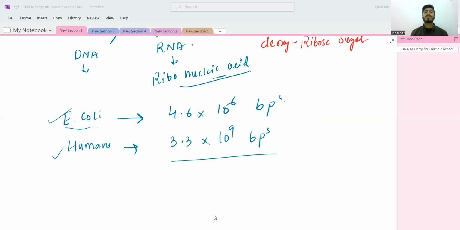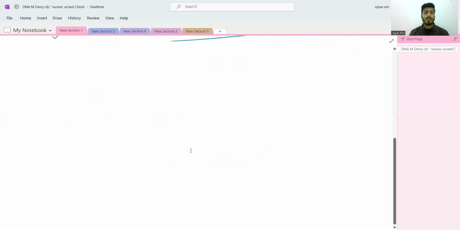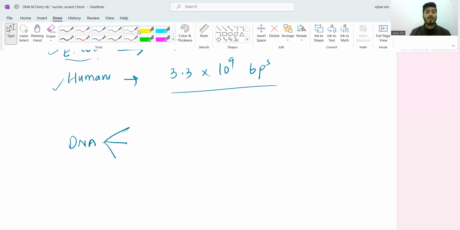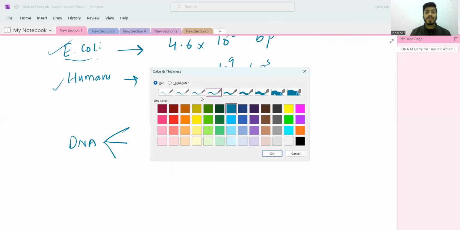So what is the structure of a polynucleotide chain? DNA has 3 components. What are the 3 components?